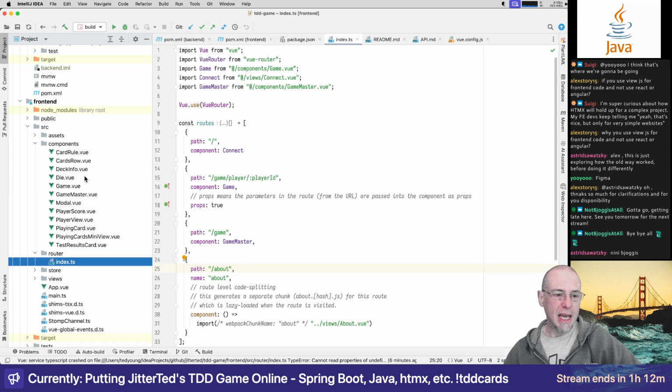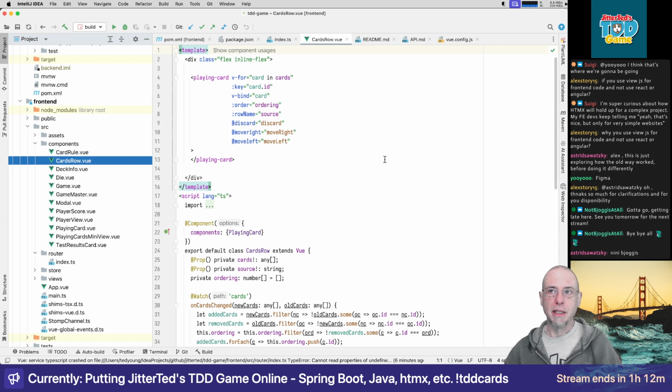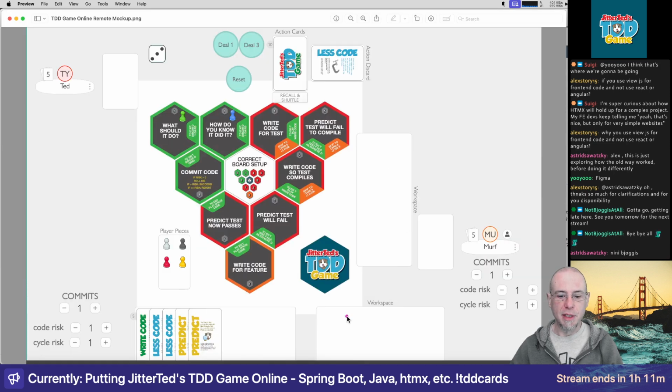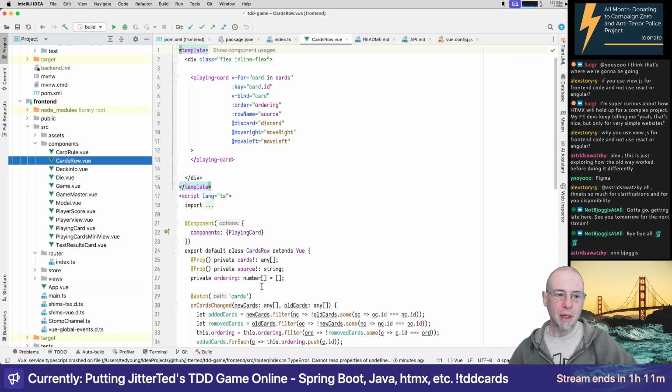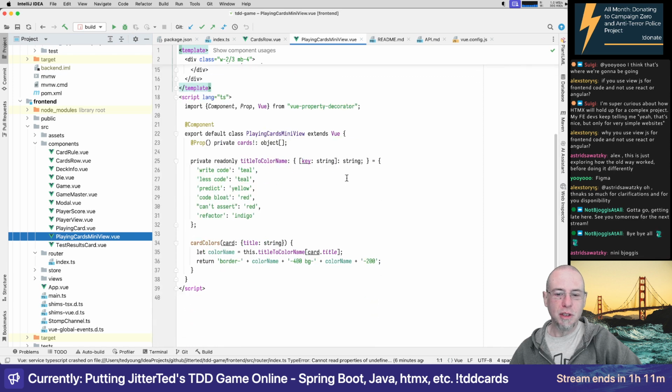For example, I had something that represented the row of the cards, basically the layout and the cards, and that would pretty much represent this, which I need to come up with a better name than row. I think it's just hand. And there's the cards mini view, which showed the cards in a compressed format.